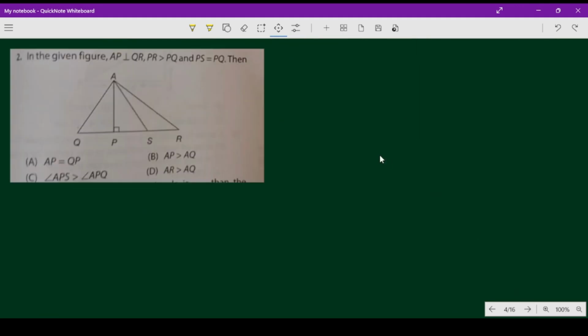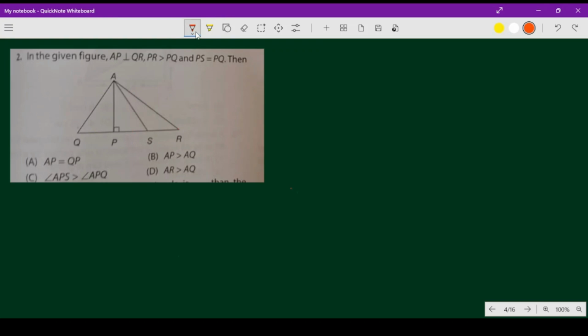Now let's move to another question. Here we have given in this picture AP is the altitude on side QR, and we have given that PR is bigger than QP, and we have further given PS equal to PQ.